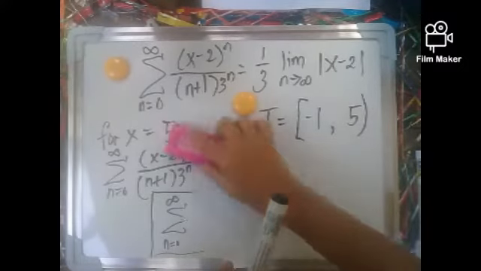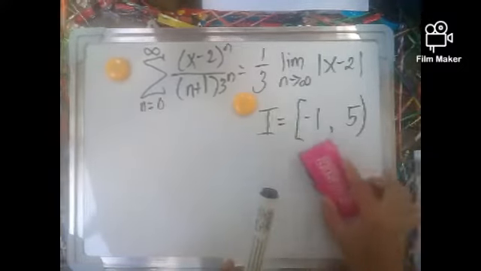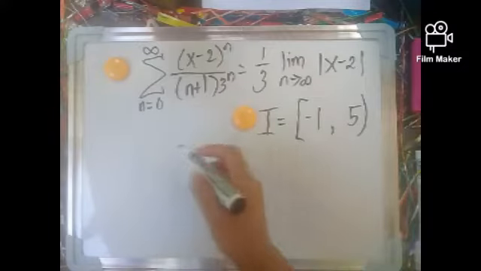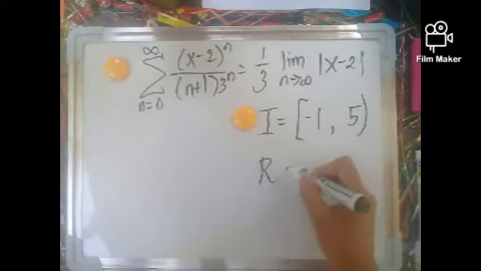We identified the interval of convergence. And if the value of x is equal to -1, the series converges. And if we have x is equal to 5, the series diverges. What about its radius? Let's place it here.